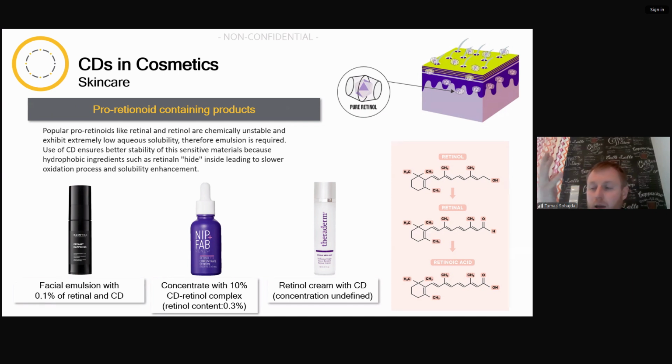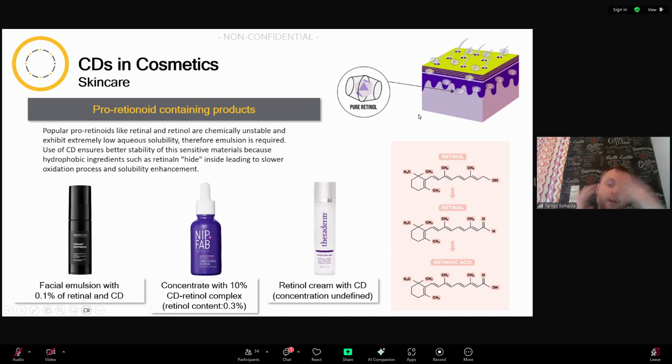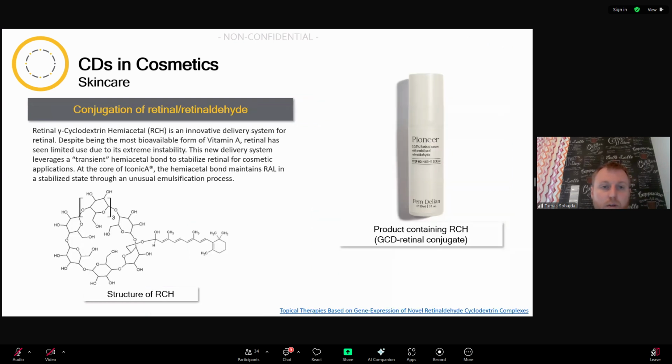The good thing with cyclodextrins is these happen simultaneously. So if you have a nice complex formed with a cyclodextrin, here you can see the schematic figure, then the solubilization and the chemical stabilization typically happens simultaneously. So you don't have to use different components for the different effects.